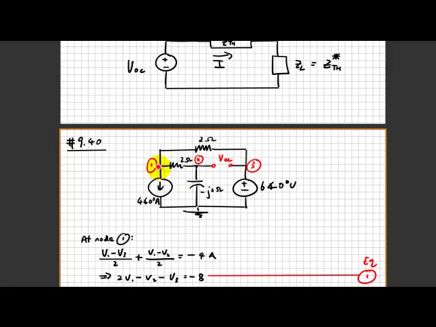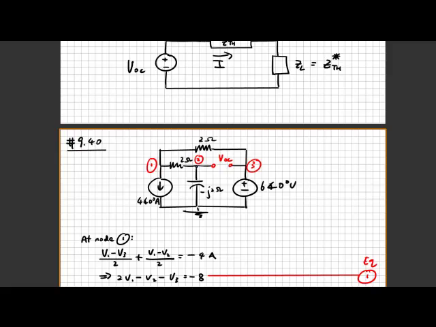Then going out this way, you have a constant 4 amperes. As I said before, I like to move all the constants to the right hand side, so positive 4 amperes becomes negative 4 amperes. After a little reorganization, the first equation is V1 minus V2 minus V3 equal to minus 8.